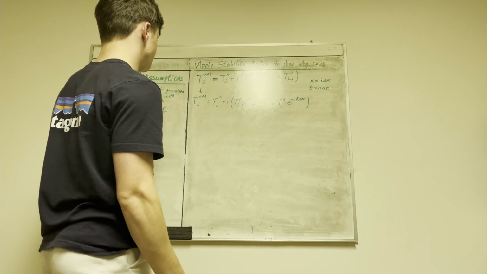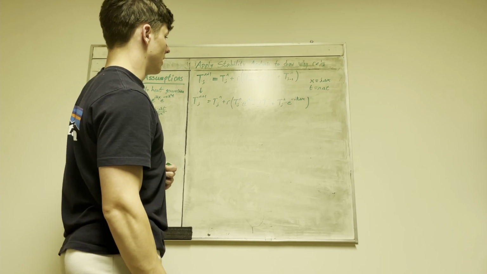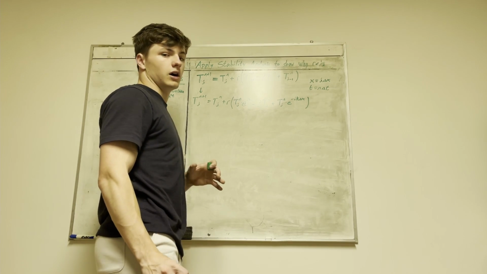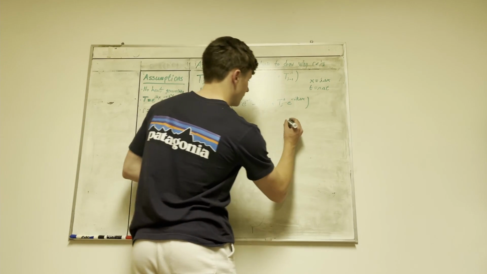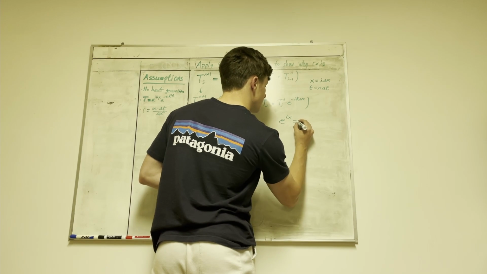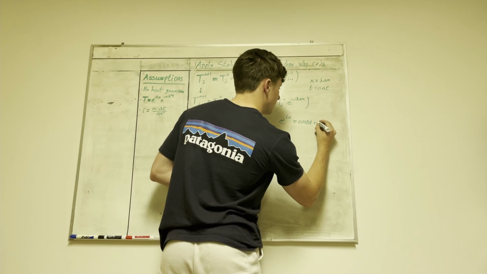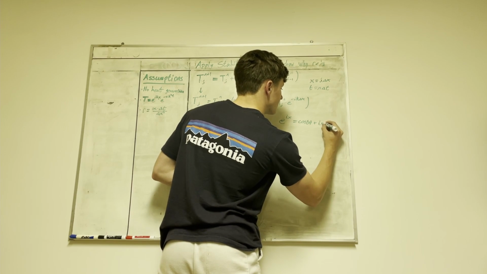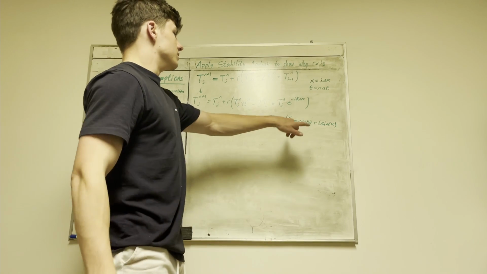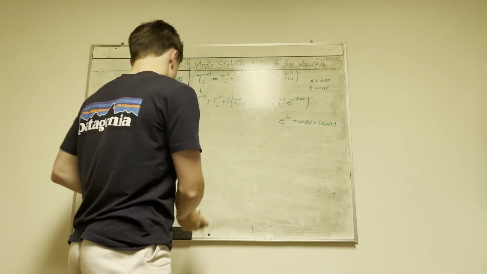All right. And so now what we can do to help simplify this is use Euler's equation. To reference that, e to the ix is equal to cosine of x plus i times the sine of x. We're going to be using that to help simplify and cancel things out so it's easier to see.